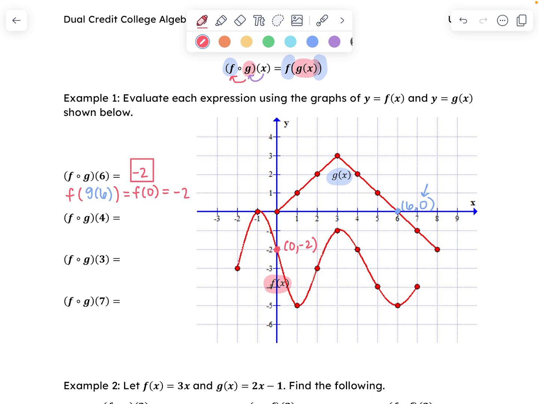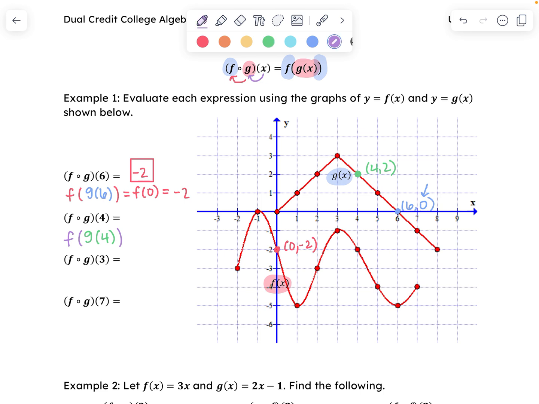For the next one, let's use some different colors. Let's use green and purple. I'm still going to have f on the outside, and now g of 4 is what I'm plugging into that f function. So let's start with g of 4. I'm going to go over to 4 and look up at my g of x function, and I've got the point (4, 2).